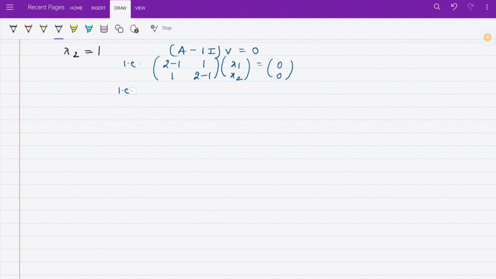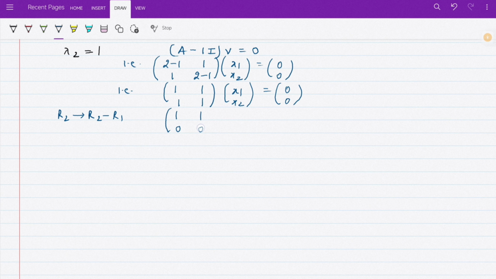That is [1, 1; 1, 1] multiplied by [x1, x2] is equal to [0, 0]. On R2, we perform the elementary row operation R2 minus R1 and we get [1, 1; 0, 0] times [x1, x2] is equal to [0, 0].